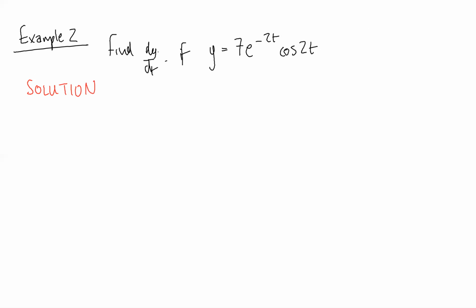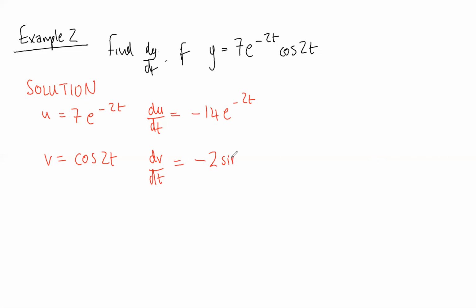So we've got u equals 7e to the minus 2t, and we've got v equals cos of 2t. So the minus 2 comes down, so that's minus 14e to the minus 2t. And the derivative of v is minus 2 sine 2t.